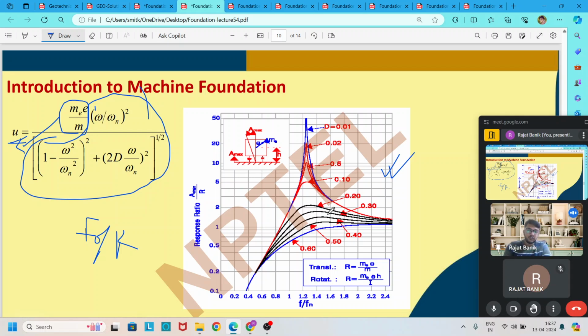Here, at a lower frequency ratio it becomes less than 1, and at a higher frequency ratio it approaches 1. In both cases, at a frequency ratio equal or almost equal to 1, we get the highest amplitude, because of resonance. So we try to design either in this position or in this position, and do not use this position in our design.